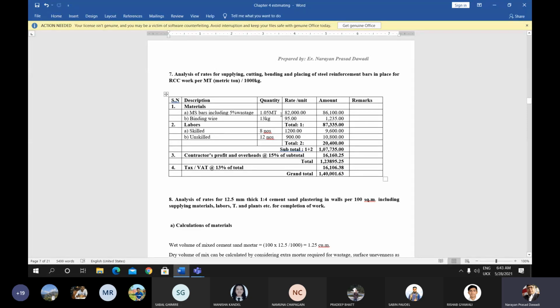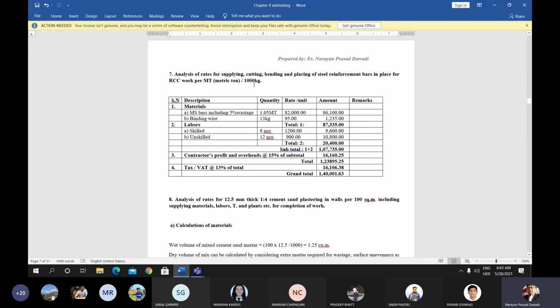For 1 metric ton, we have to bring more reinforcement bar, because of hooks and other overlapping purposes, the cutting waste, and there may be wastage of the reinforcement bar. So 5% wastage is considered for 1 metric ton. So the quantity of reinforcement bar required will be 1.05 metric ton. 5% is extra.